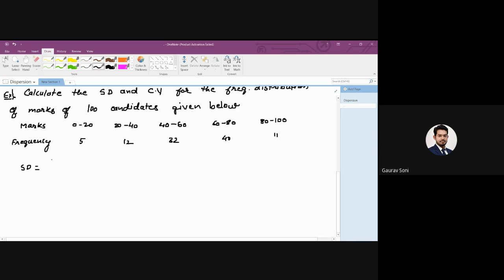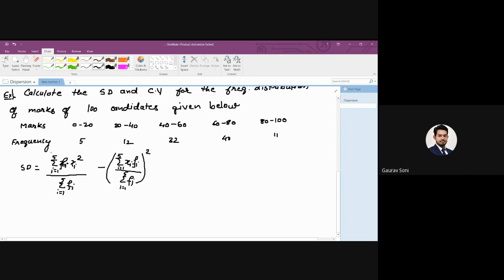The formula is summation fi xi square, i running from 1 to 5, upon summation fi, i running from 1 to 5, minus summation xi fi upon summation fi, i running from 1 to 5, complete square.